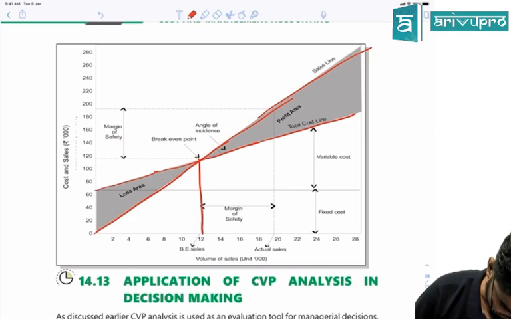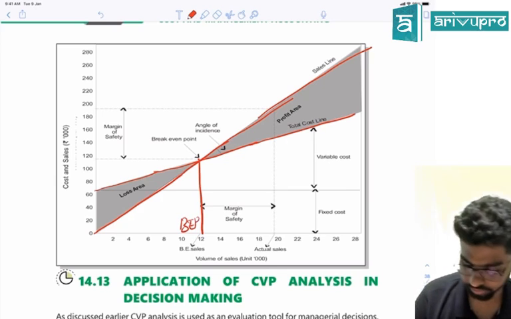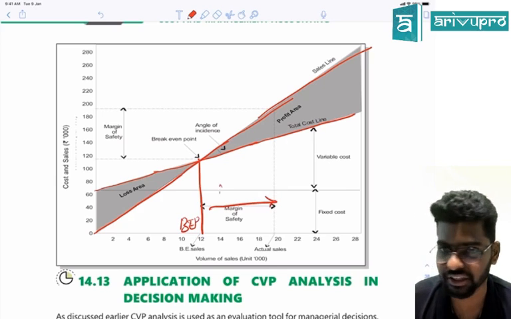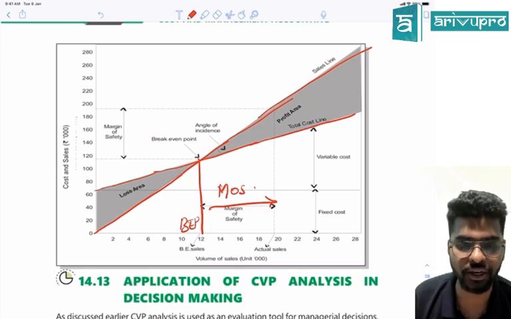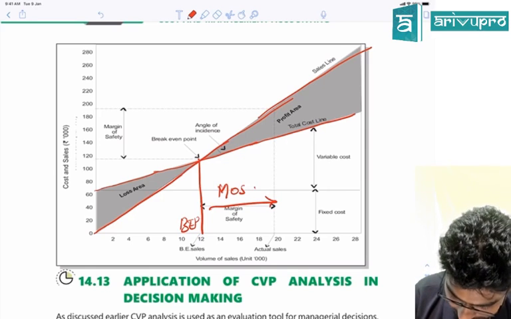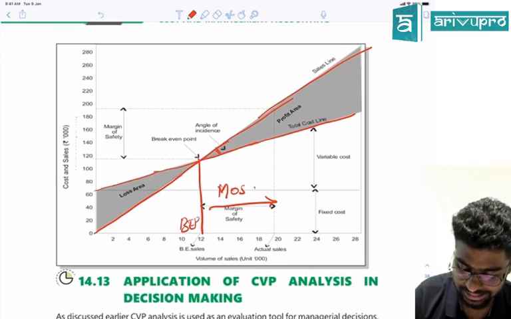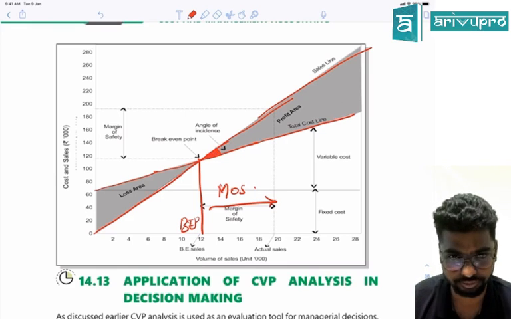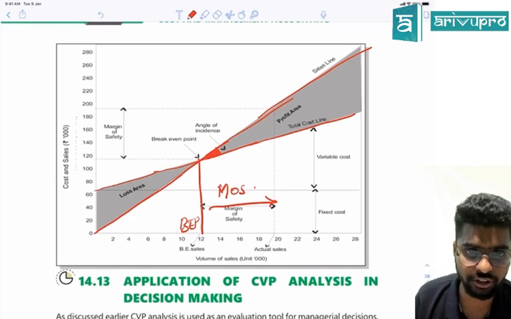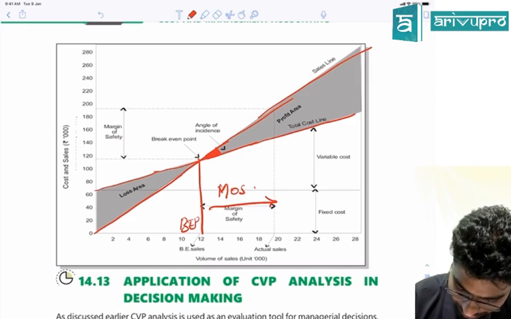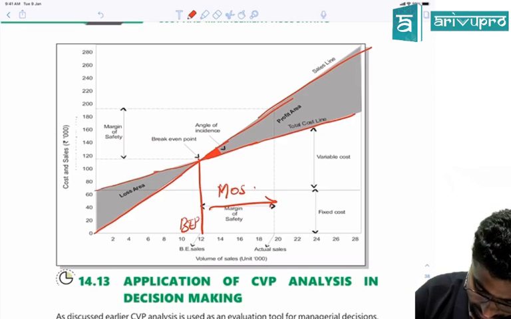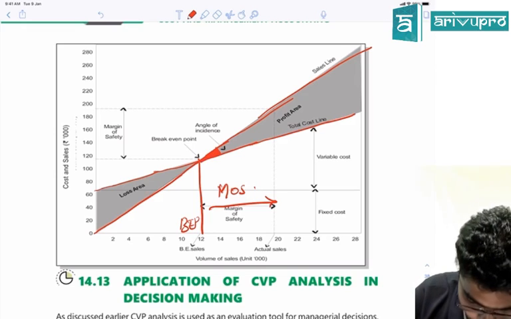Anything more than break even is my margin of safety. Once I cross my break even point, the angle which gets formed, this is not the profit because I still would have some part of it. This line after my break even, the angle which gets formed here, this is my profit line.